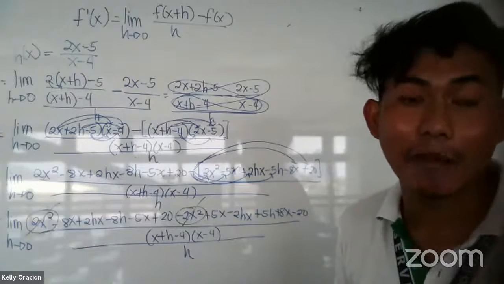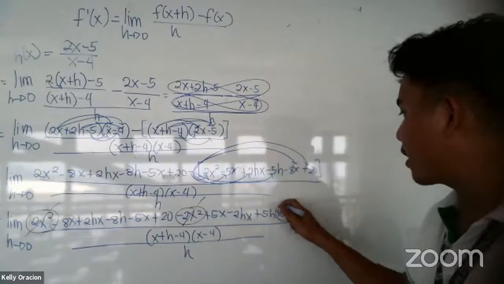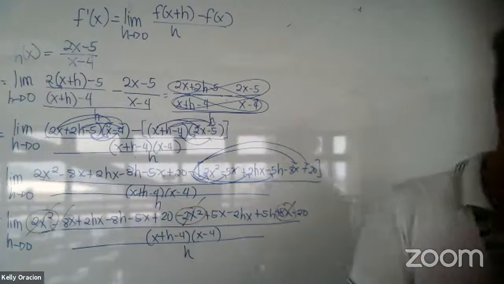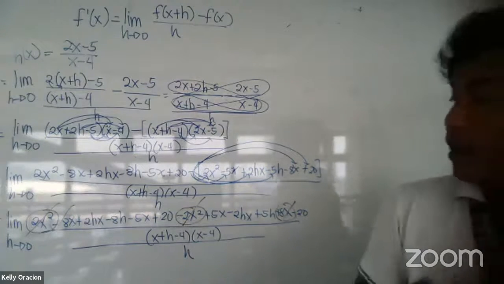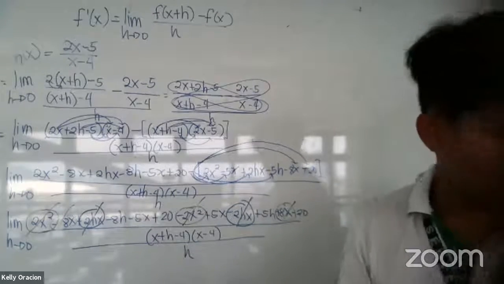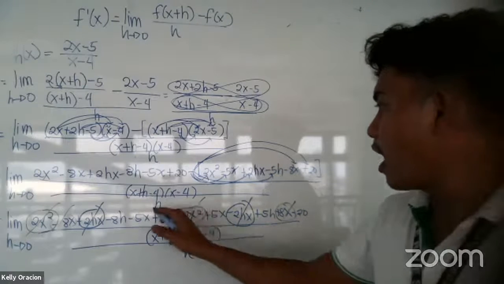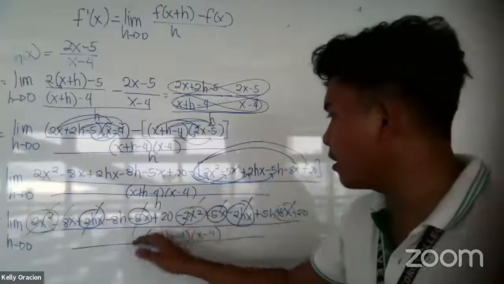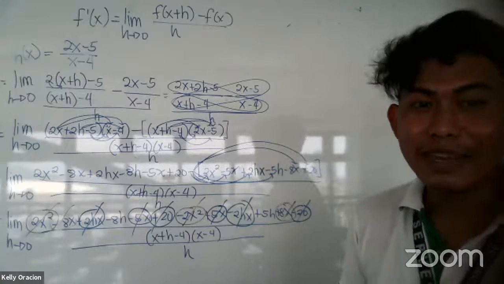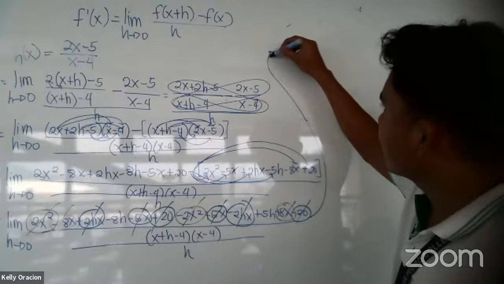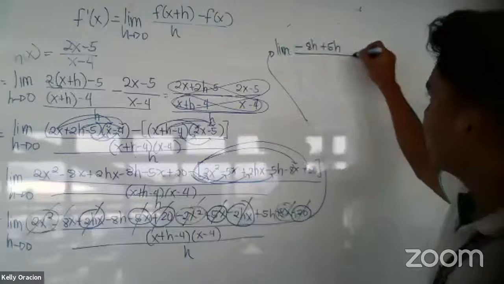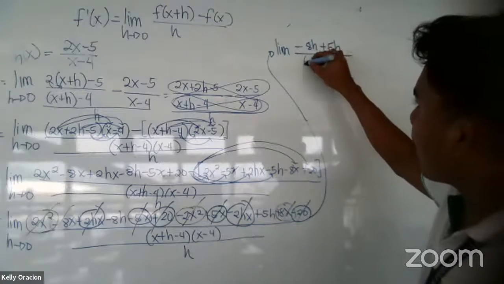The negative 8x and positive 8x cancel. The 2hx and negative 2hx cancel. The negative 5x and positive 5x cancel. And the positive 20 and negative 20 cancel. It was long, but then it all cancels. What remains? We have negative 8h and positive 5h. The denominator, just copy.